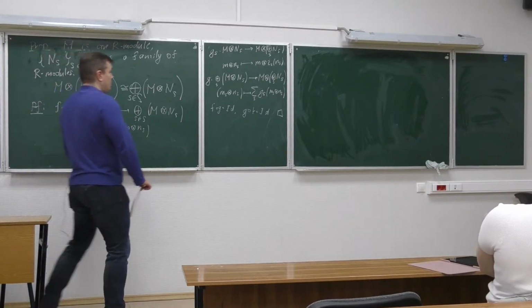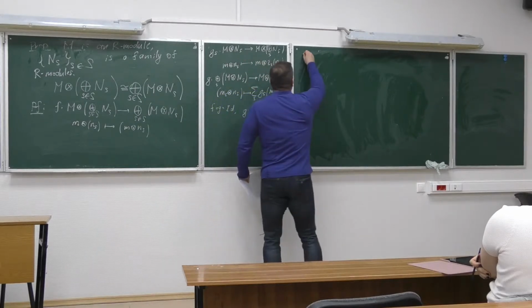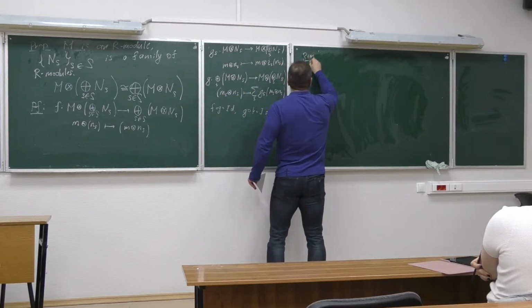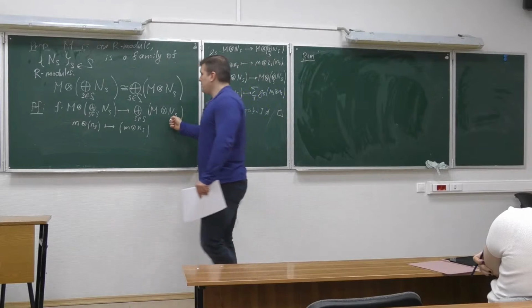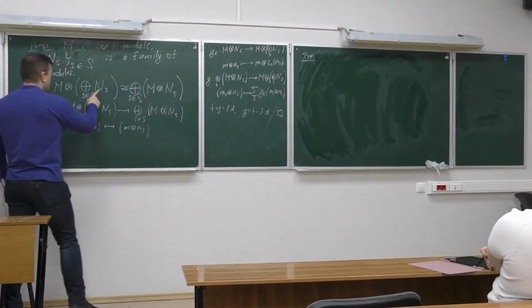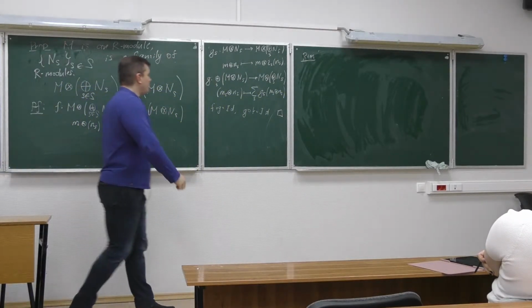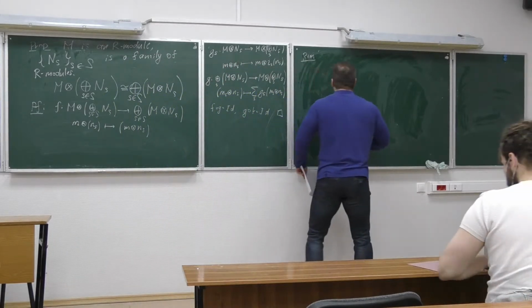So maybe a remark here, that of course this map F can also be used not just for direct sums, but also for products.